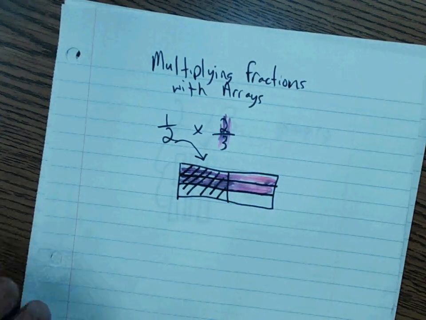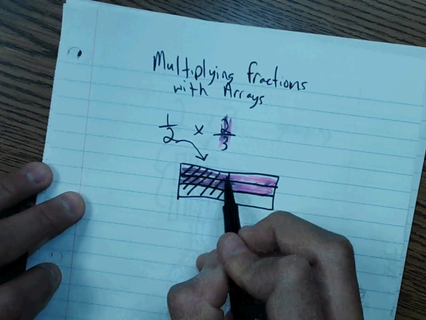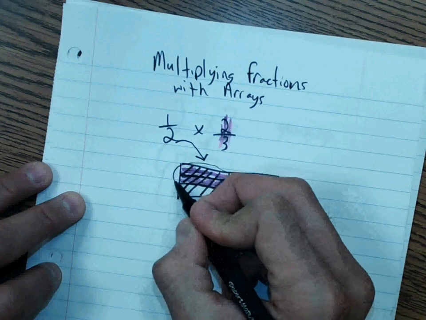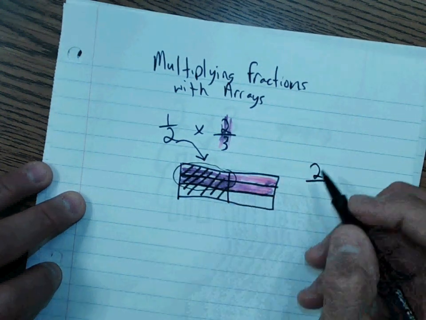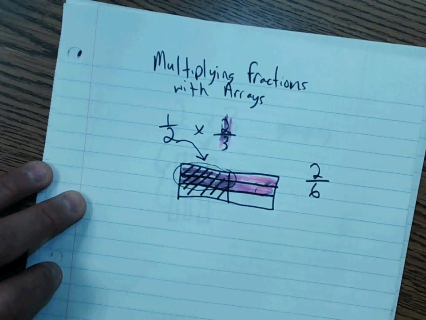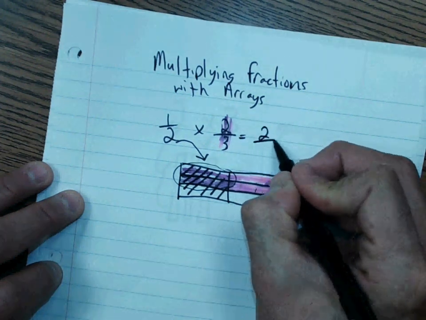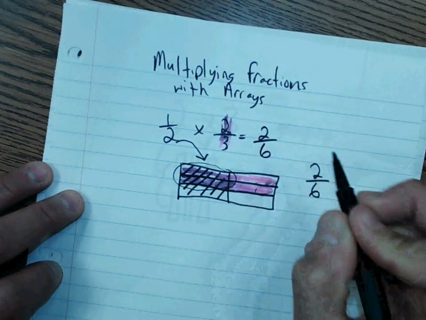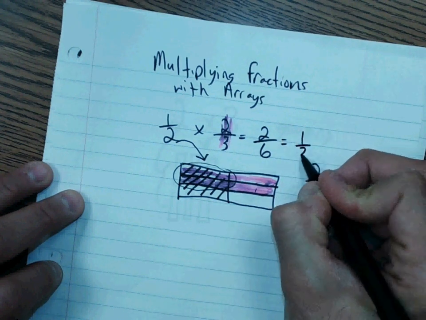Alright, I want you to pay attention to right here where they overlap, where my black lines and my pink highlighter overlap. It's these 2 pieces. So that's 2 out of 6 pieces, because I now divided this rectangle into 6 pieces. So this 2/6 is the product of 1/2 times 2/3, and we could even reduce that to 1/3.